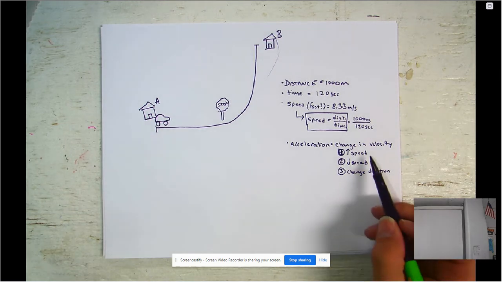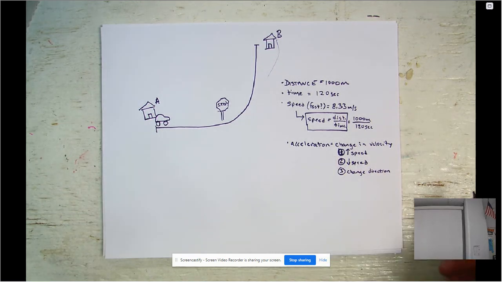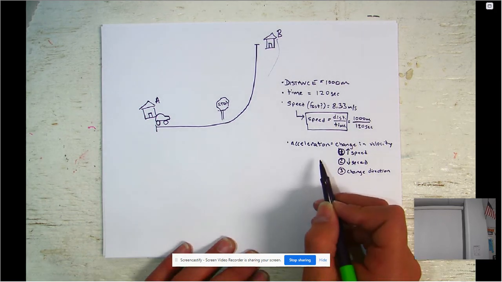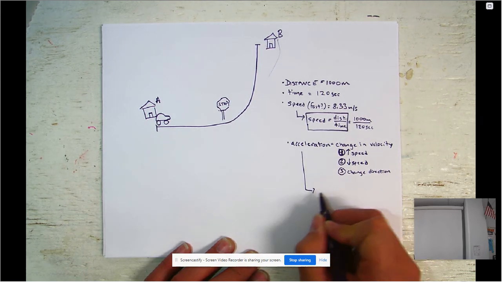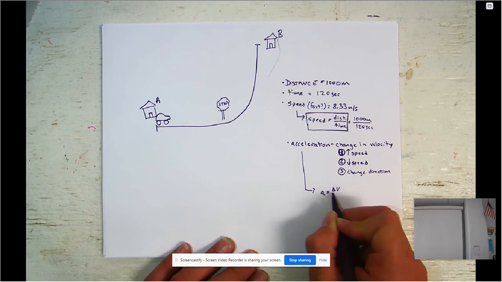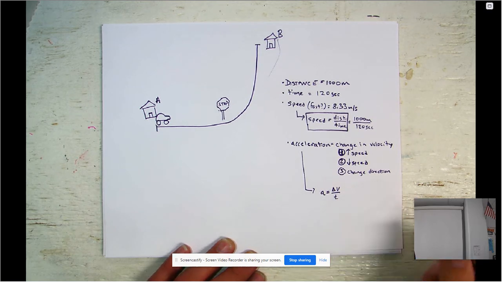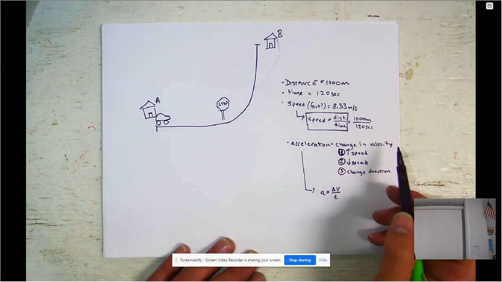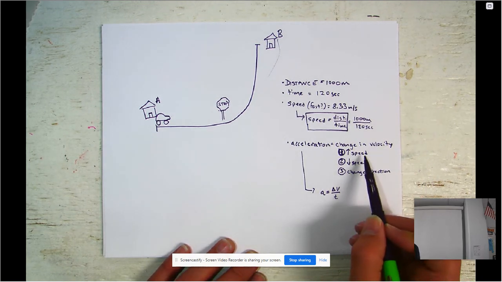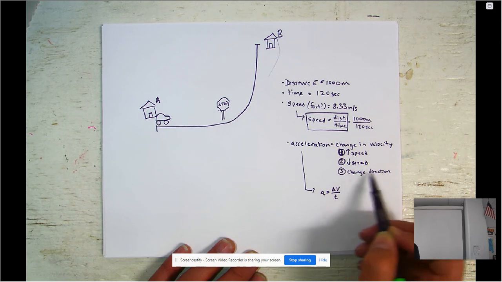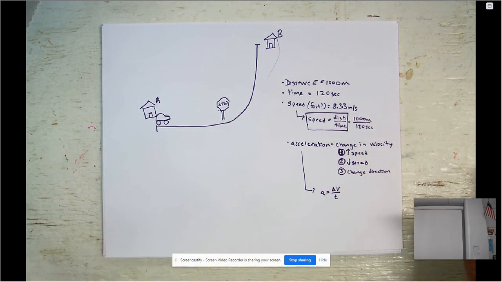So any one of these three things will cause you to have acceleration. And if we look at the equation for acceleration, acceleration is equal to change in velocity divided by time, which is basically our definition. Really, the main point that I want you to get here is that if you increase speed, decrease speed, or change your direction, you're going to have acceleration.